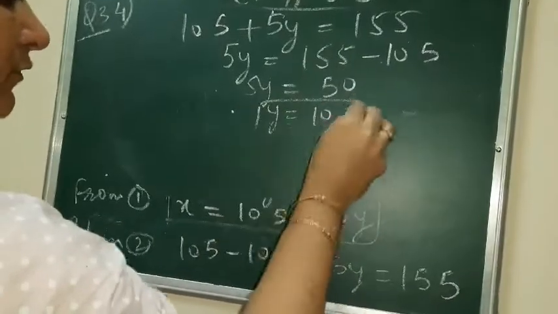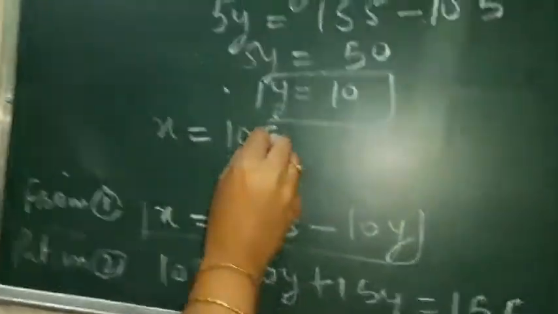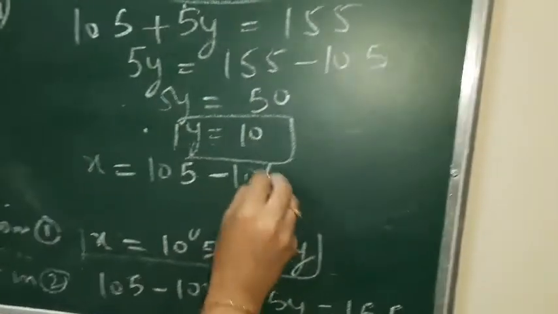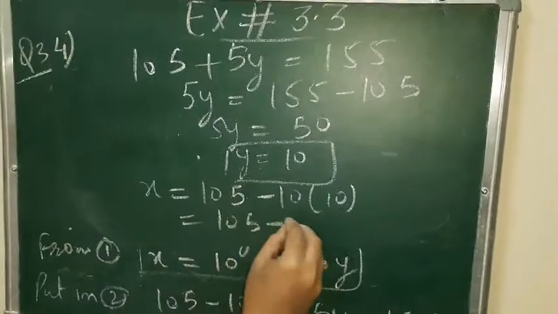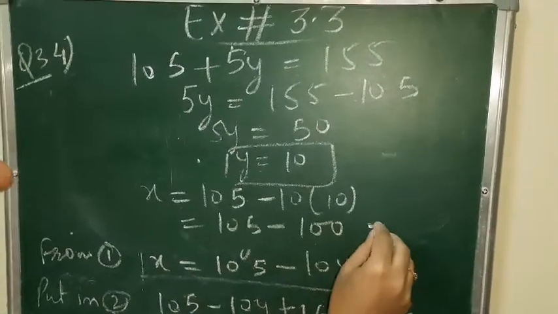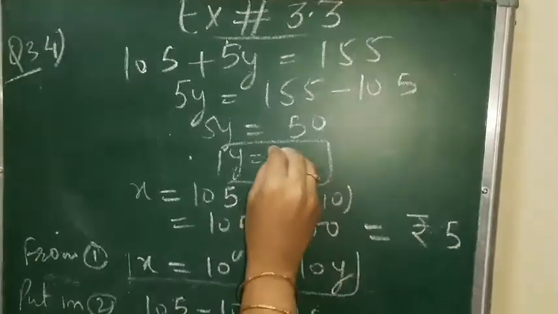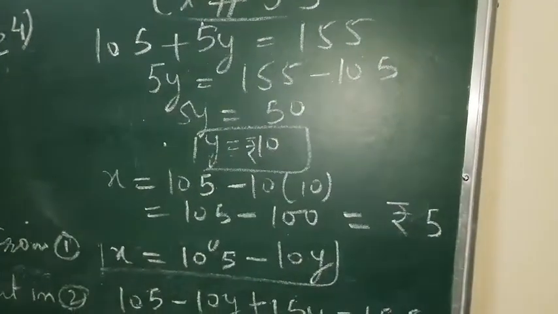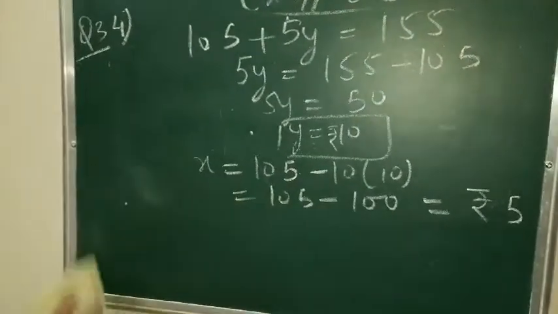We have got the value of y. Find the value of x also. x is equal to 105 minus 10 into 10. So x is 105 minus 100, which is equal to rupees 5. So the fixed charge is 5 rupees and the additional charge is 10 rupees per kilometer.